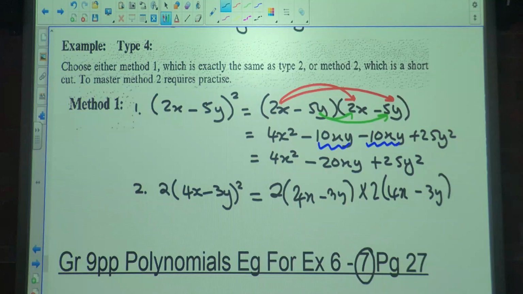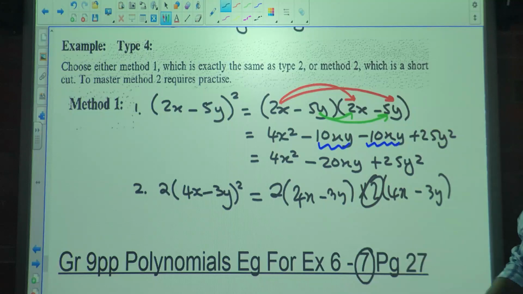Who says yes? Only the twins. Nobody else. What should it be? 2 brackets 4x minus 3y times 4x minus 3y.